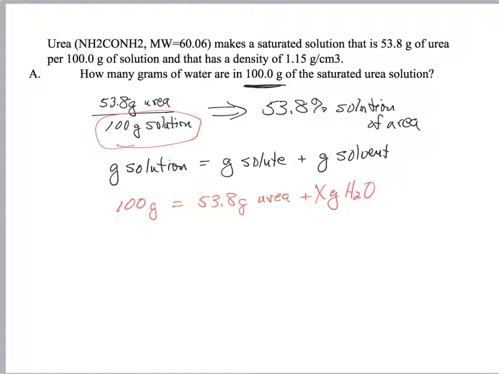So we have an unknown number of grams of water. So 100 grams of solution minus 53.8 grams of urea would give us 46.2 grams of water. That is a number that we will need for later parts of the calculation.